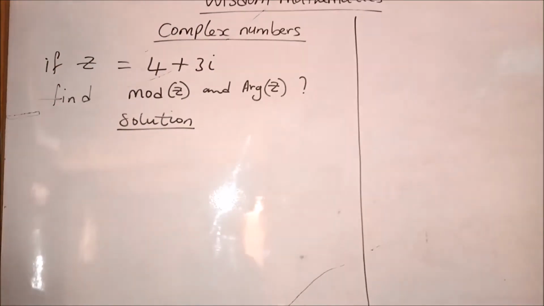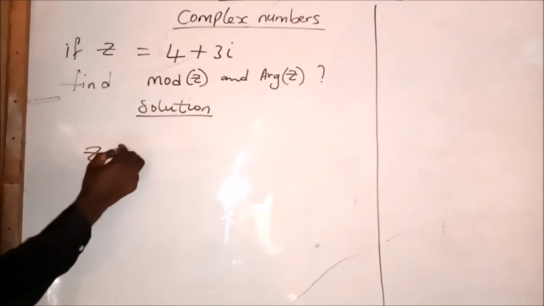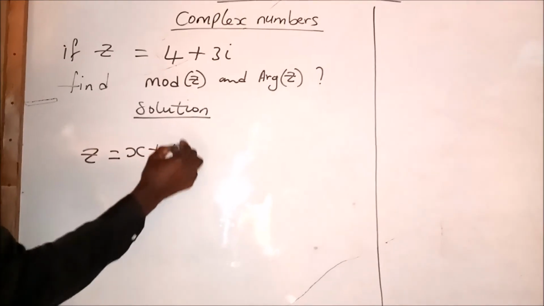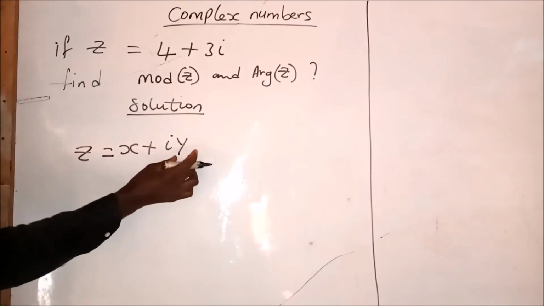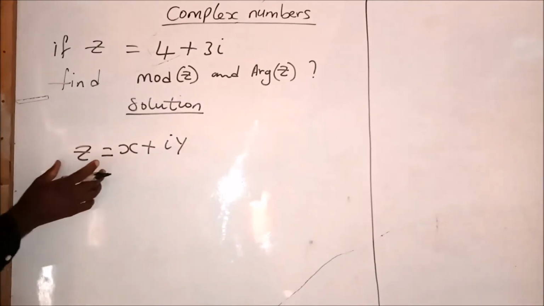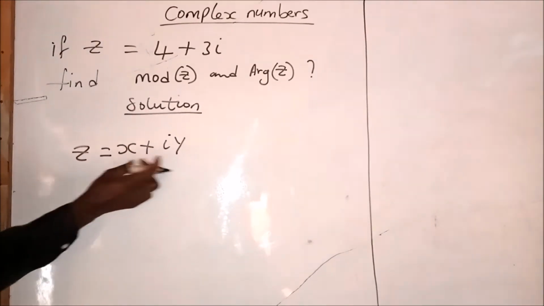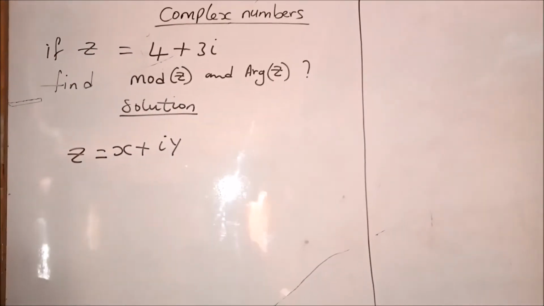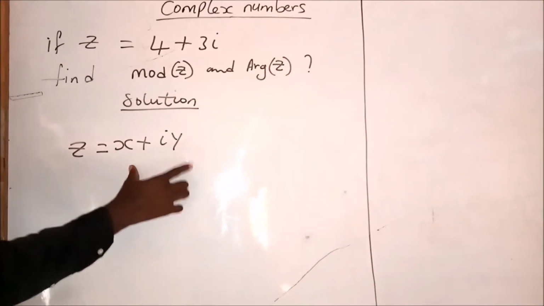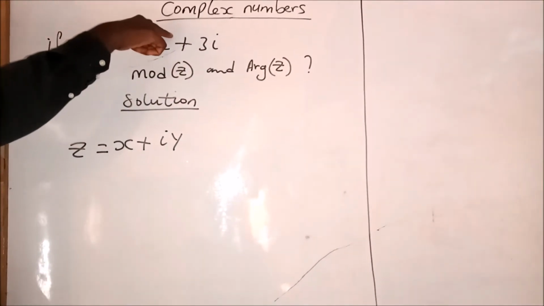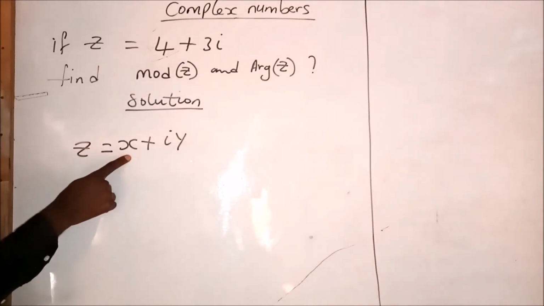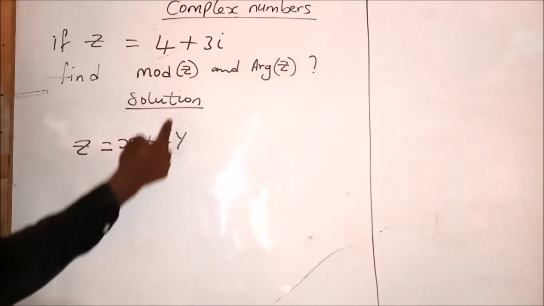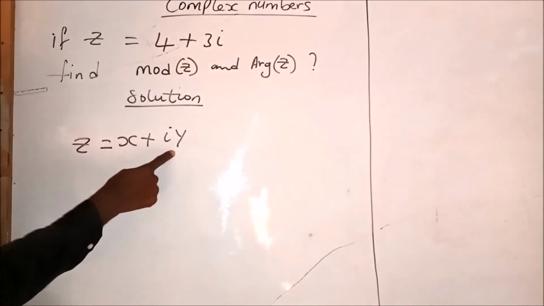Now, a complex number which is given as z equals x plus iy, where x is the real part and y is the imaginary part, because a complex number has a real part and an imaginary part. We can compare it with this question, 4 plus 3i, whereby 4 is the x and 3 is the y.